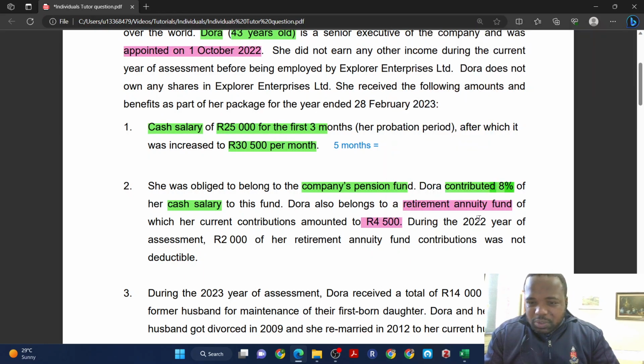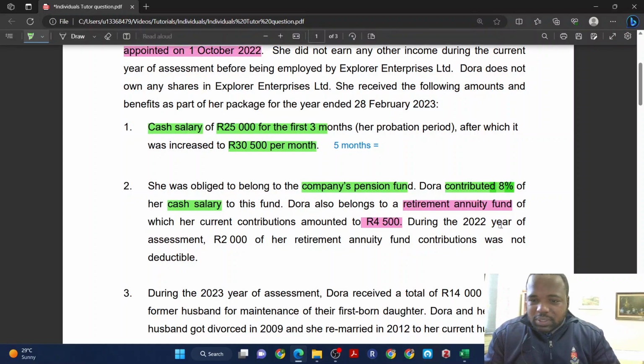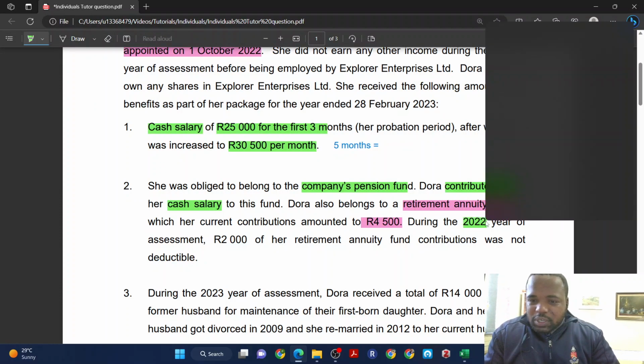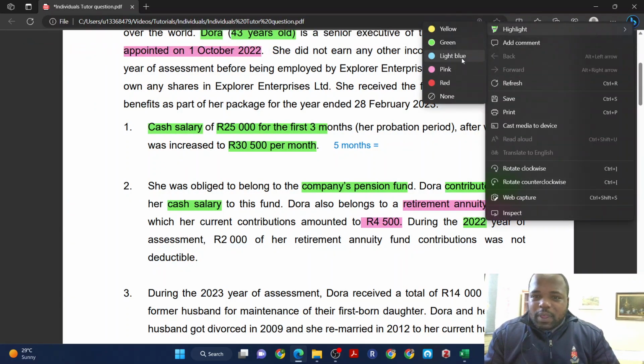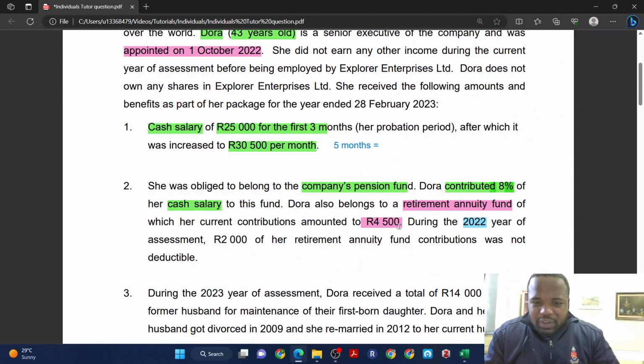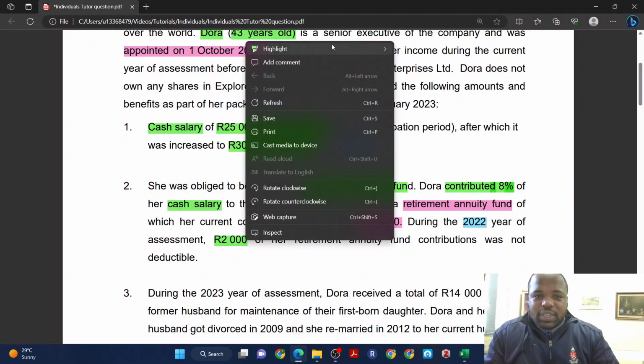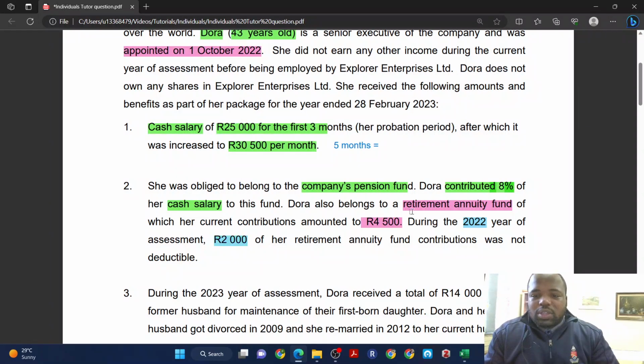During the 2022 year of assessment, 2,000 of her retirement annuity fund contributions was not deductible, so you also need to factor that in. So her contributions are 8% of her salary plus the 4,500 rands plus the 2,000 rands.